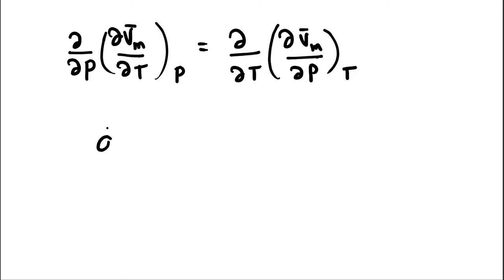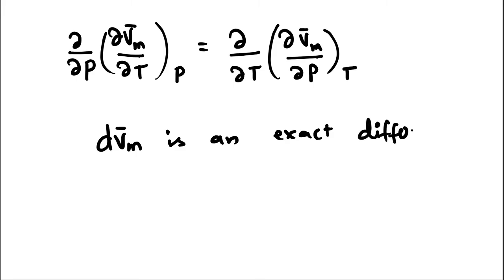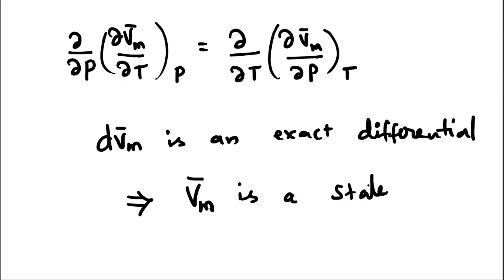Therefore, we can say dVm is an exact differential. So this clearly states that molar volume of an ideal gas is a state function. Okay, right. So dV is an exact differential and volume is a state function.